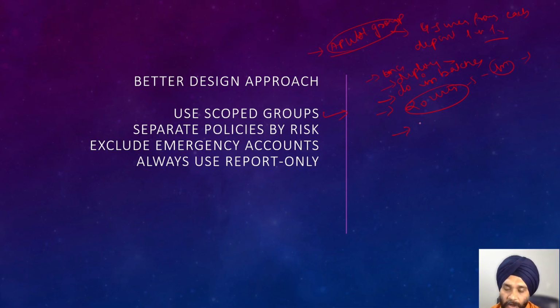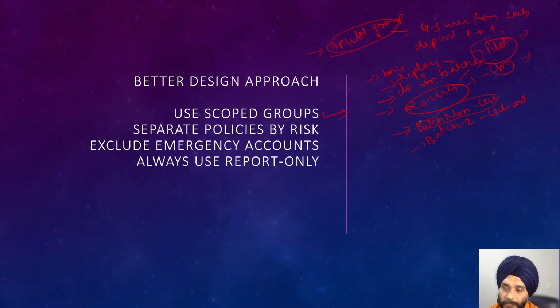That's not recommended. Always go with two batches. Let's say create two batches. Batch one, non-critical ones. Batch two, critical ones, right? Before that, you have already tested with a pilot group and confirmed that everything is working fine.